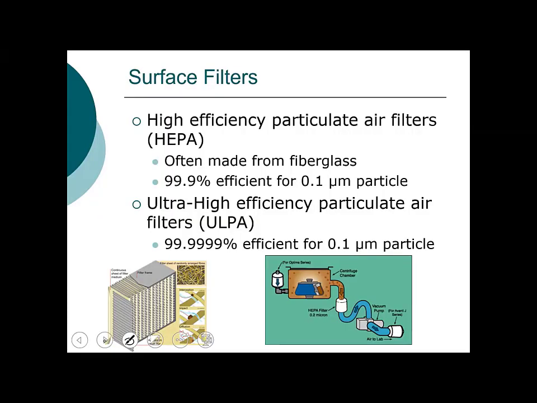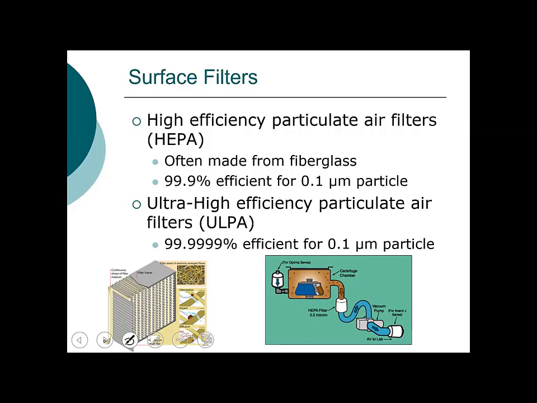So there are high efficiency particulate filters. These are often made from fiberglass. They are designed to be 99.9% efficient for a 0.1 micron sized particle. You may have seen a lot more discussion about these types of filters.